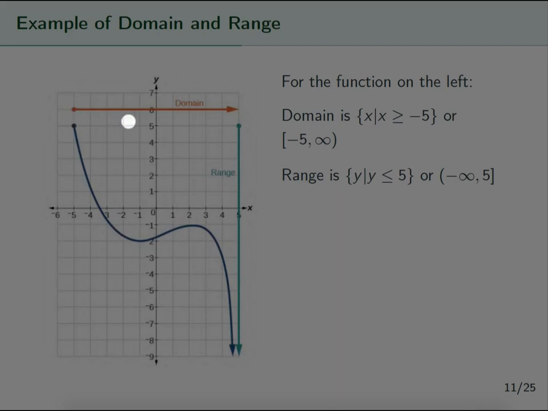It increases all the way, and this arrow means it goes in this direction. So the domain is x such that x is greater than or equal to -5, because it's a closed circle, that means we include -5.